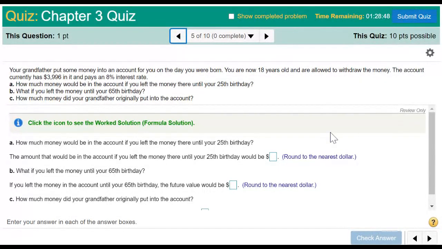Yes. All right, try this problem. Is it $27,366? Is this nearest dollar?